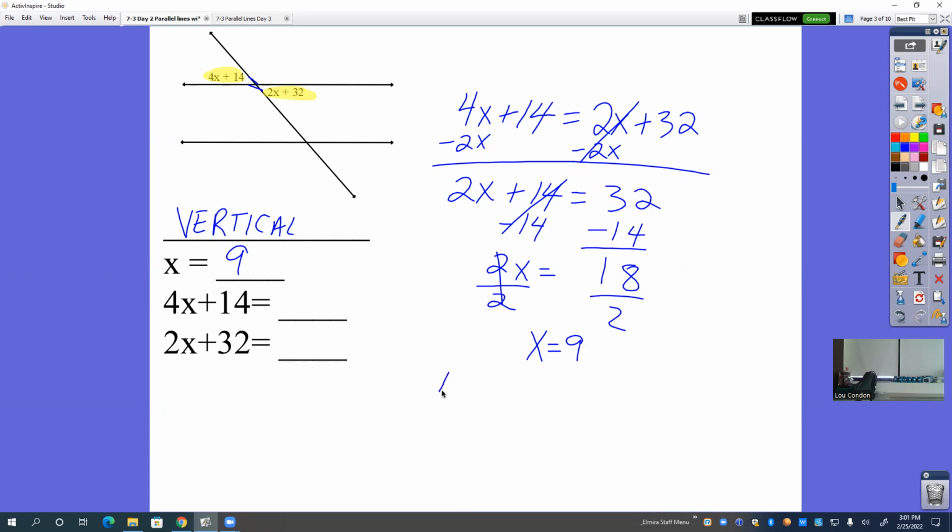Okay. 4 times 9 is 36. 36 plus 14 equals 50. And 2 times 9 is 18 plus 32 also equals 50.